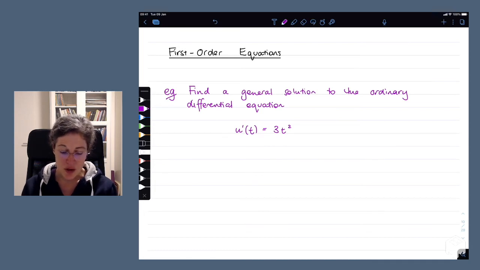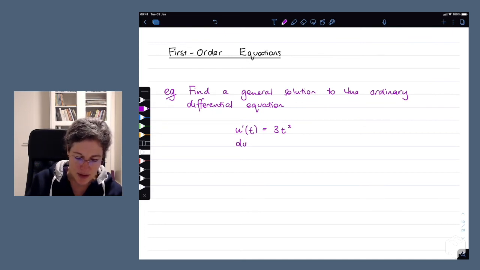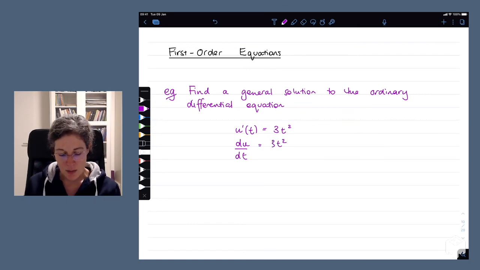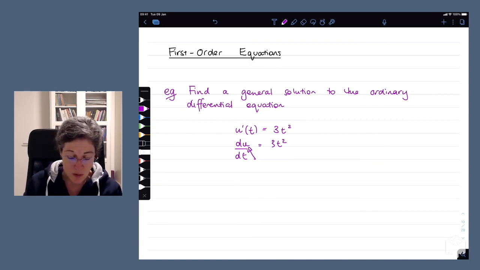For example, we could say find a general solution to the ordinary differential equation, this thingy over here. You probably didn't realize when you were solving this in calculus that this was an ordinary differential equation, but it totally is. Maybe rewriting it as du by dt is equal to 3t squared. What is this saying? This is saying, please find me the function u whose derivative is 3t squared. So we take the antiderivative and off we go.